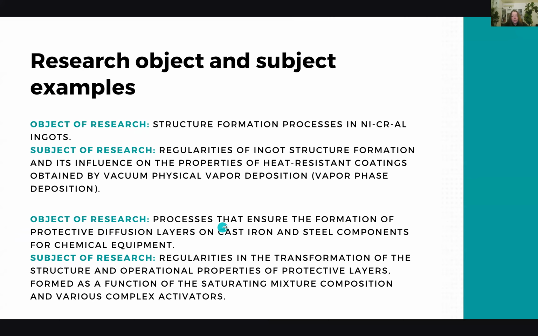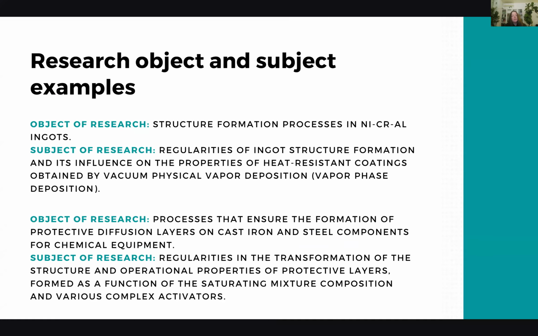The second example goes like this. The object is processes that ensure the formation of protective diffusion layers on cast iron and steel components for chemical equipment. Once again, it's pretty broad and generic.